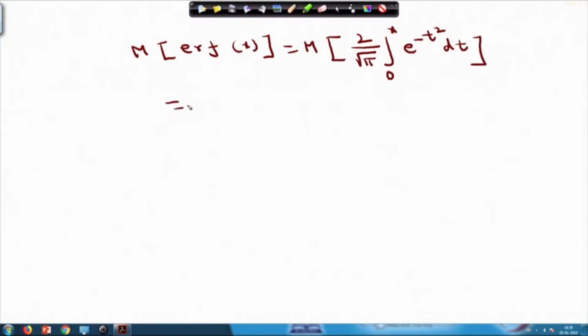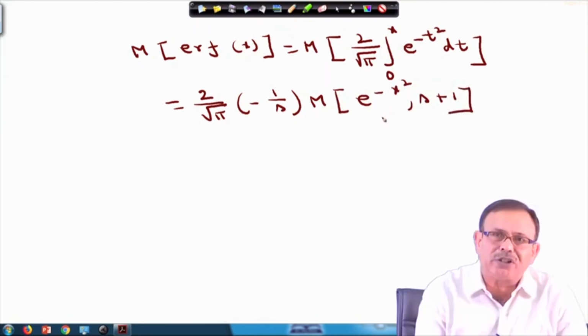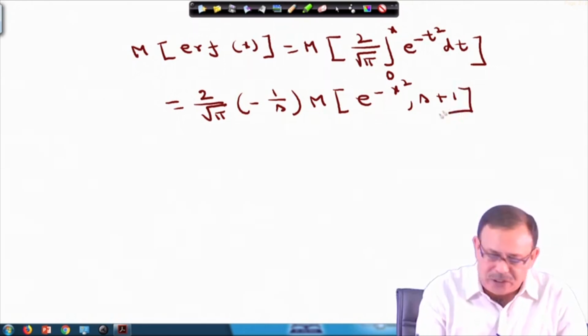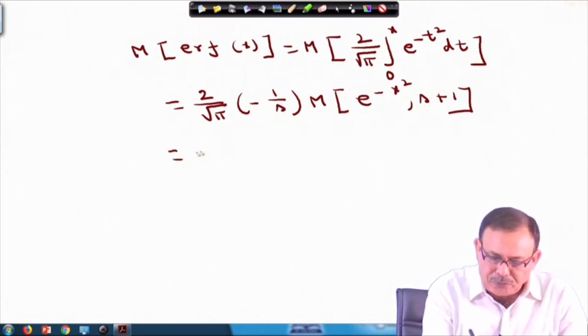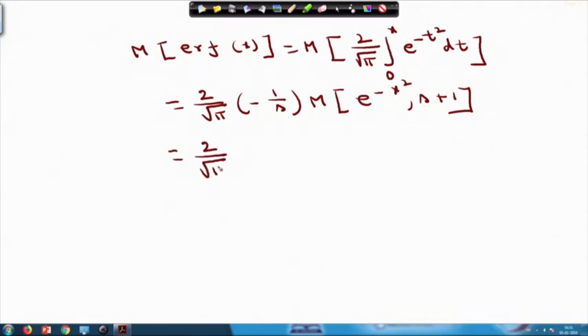From the property we can write down 2 by root over pi into minus 1 by s into Mellin transform of e power minus x square, where the parameter is s plus 1. This equals 2 by root pi into minus 1 by s into f of s plus 1.